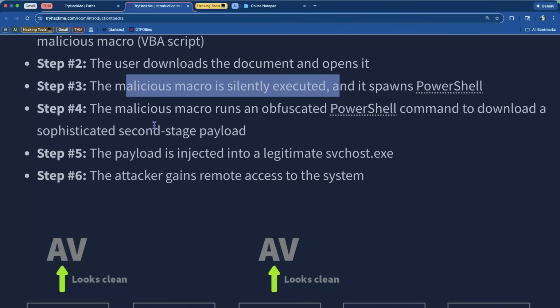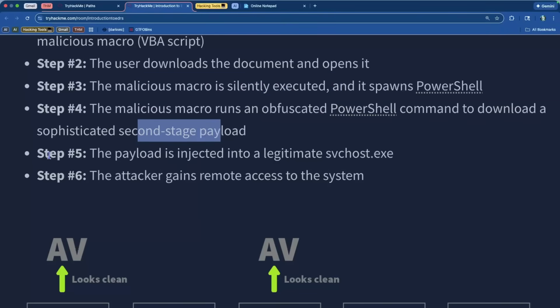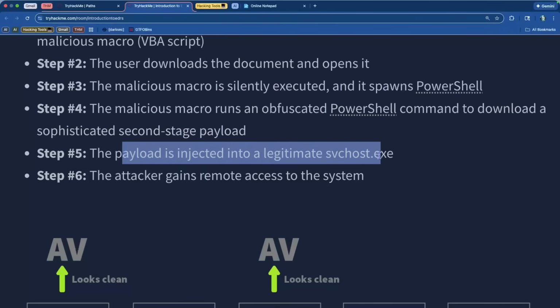That PowerShell command being launched is just downloading something which is going to really do the damage, the second stage payload. And then step 5, the payload is injected into a legitimate SVC host, which is just a bunch of legitimate services that can potentially be used for malicious intent.